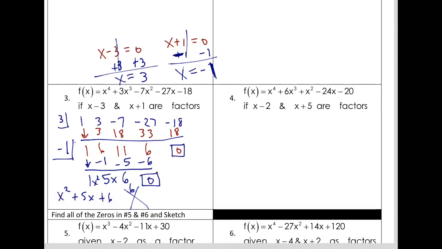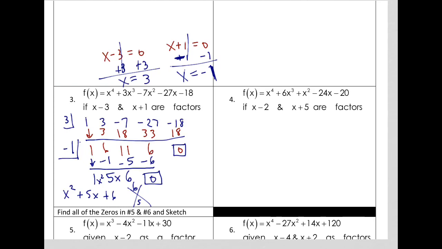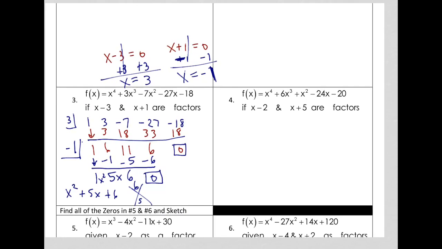And then 5 here. 2 numbers that multiply to give me a 6, and then add to give me a 5. I have a 3 and a 2. So I have my factors of x plus 3, x plus 2.